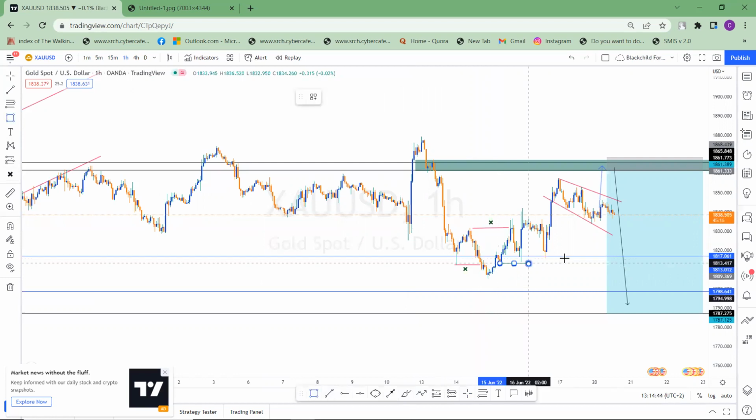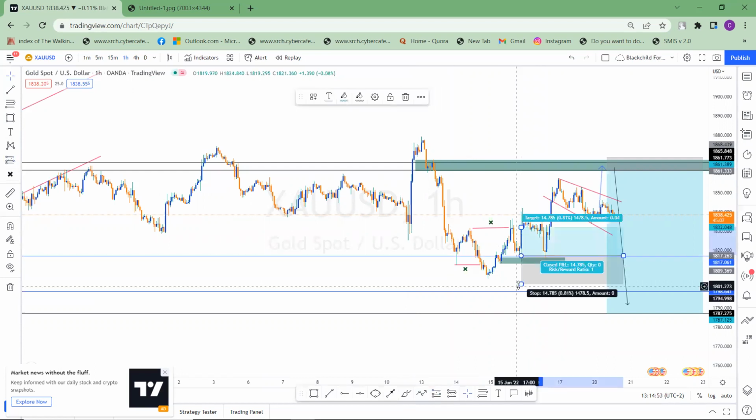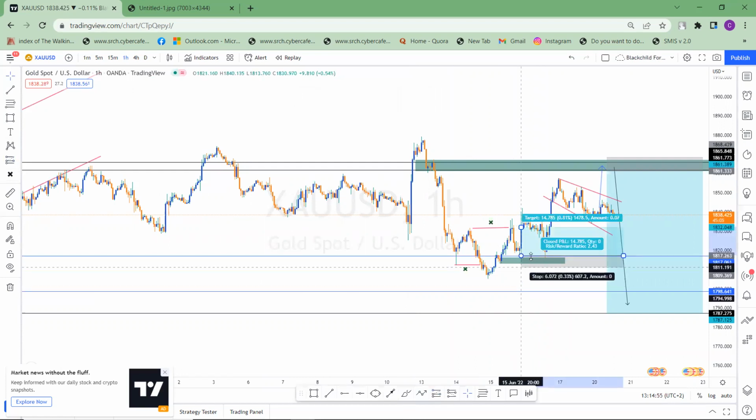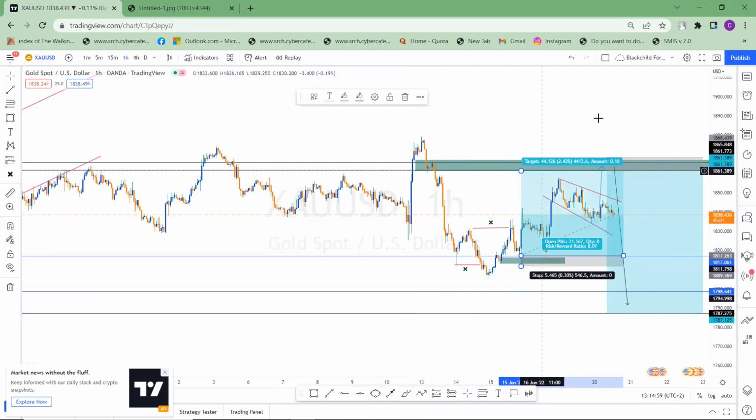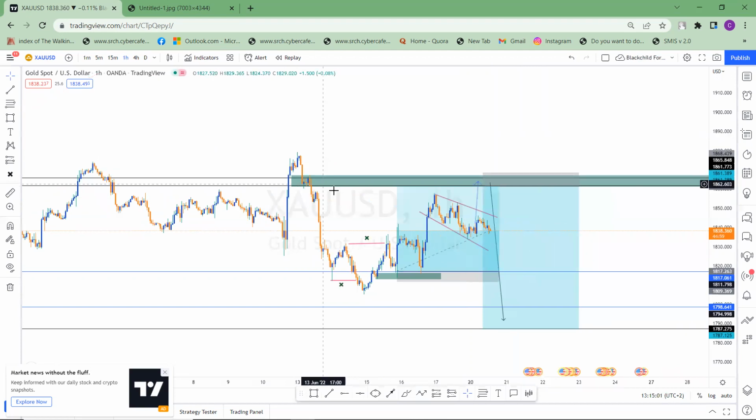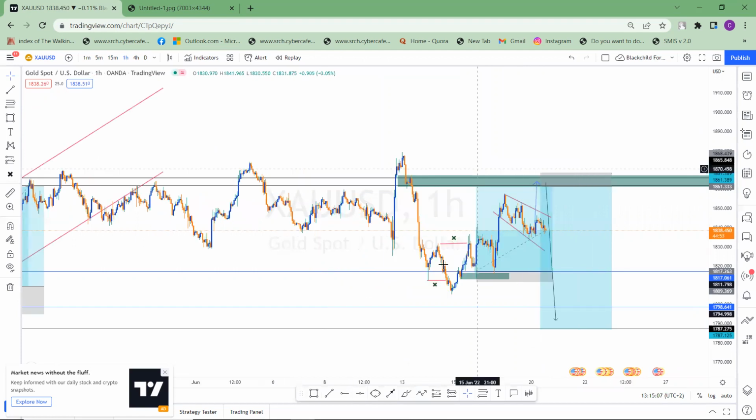So now we have identified our order block, and this is our order block. Now we enter a buy just as soon as that, put our stop loss just below the order block, and take profit just above this level. And in this case, that is also exactly the zone that I'm looking at for me to enter this trade successfully, right?